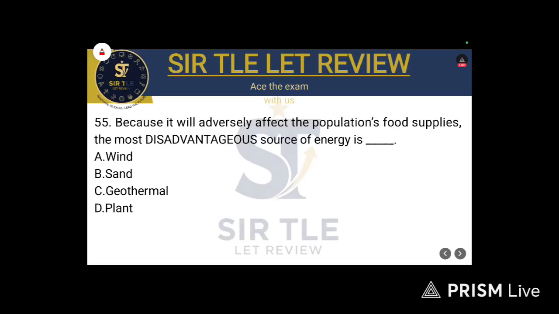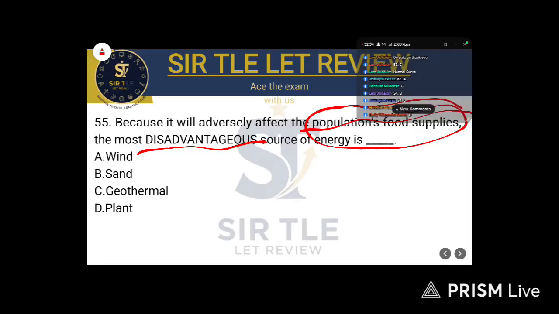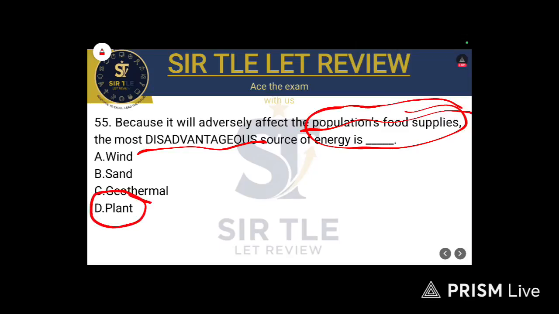What is your answer, everyone? Disadvantageous source of energy. Population's food supply. So, nakakaano daw. Very good, everyone. The answer here is letter D, the plant.